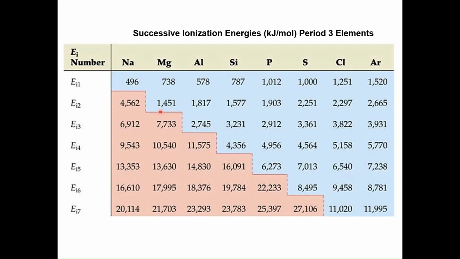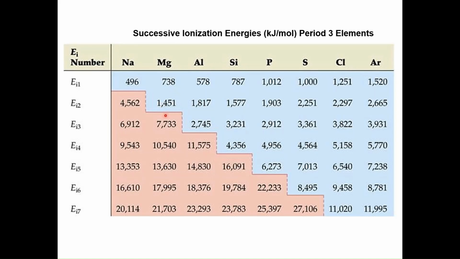And so, if you look at the second ionization energy for magnesium, although magnesium wants to lose a second electron, which would leave behind a full second energy level, the value of its second ionization energy is quite high. This is due to the fact that a greater positive force of attraction was created when magnesium lost its first electron. It now has more protons than it does electrons, which makes it more difficult to remove the second electron.